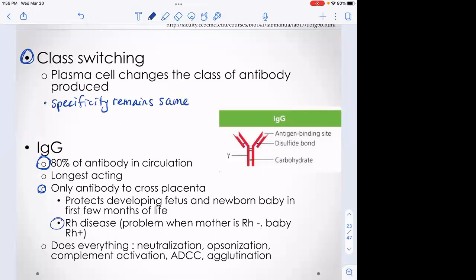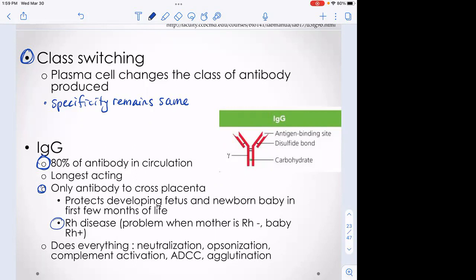usually during the birthing process, maybe the mother and fetal blood might mix a little bit. So after the first pregnancy, a mother can be sensitized to that antigen and start making antibody to that rhesus antigen. So it's usually not a problem for the first pregnancy, but on subsequent pregnancies, if the next baby is positive for the antigen, and the mother is making antibodies to it, then that can cause hemolytic disease in that newborn.